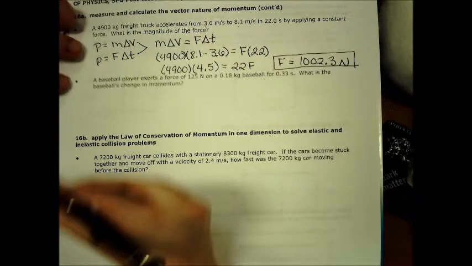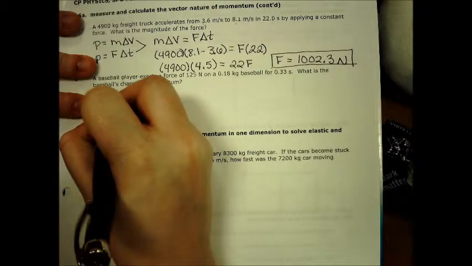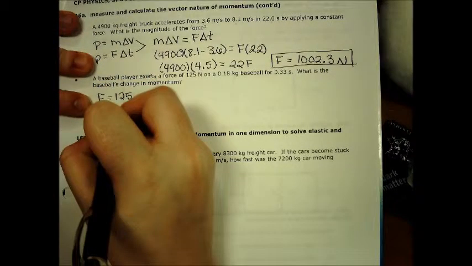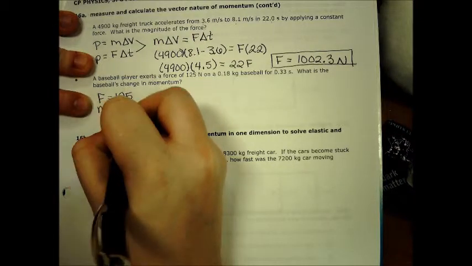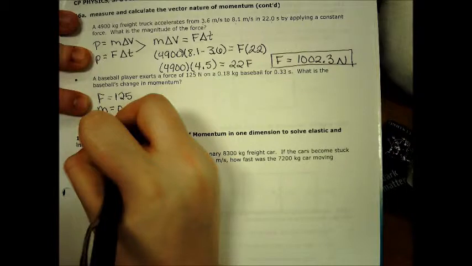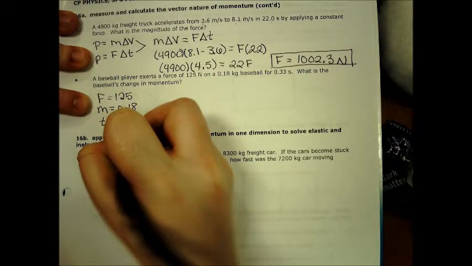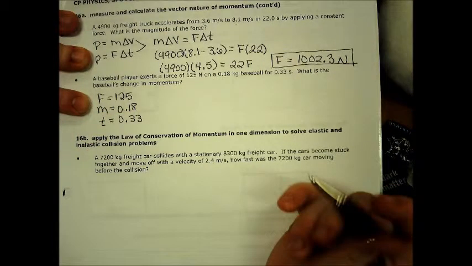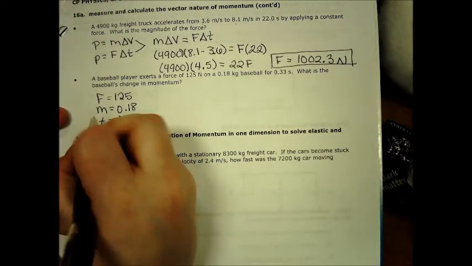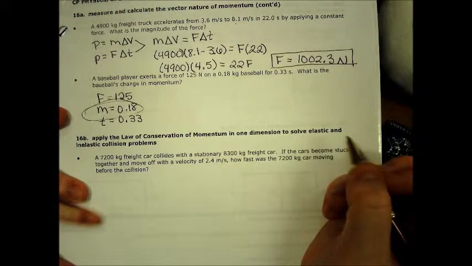Alright, this next one, a baseball player exerts a force of 125 newtons on a 0.18 kilogram baseball for 0.33 seconds. What is the baseball's change in momentum? This is sort of a trick question because you actually don't need to know the mass to solve it.